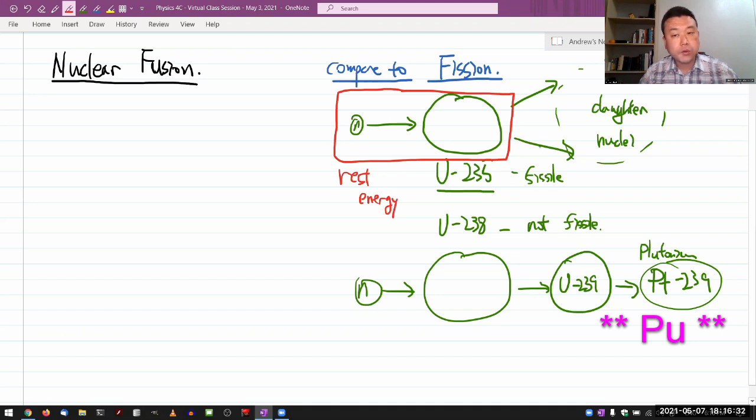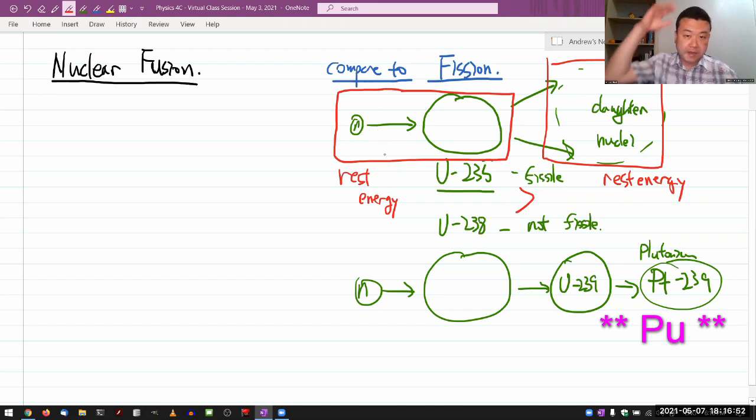Then you look at the potential decay products, the daughter nuclei, and you will see that the final rest energy is less than the rest energy you started out with. So from that rough, high-level 30,000-foot view, when you have a neutron plus this heavy atomic nucleus, it is more energetically favorable for it to split into smaller, lighter nuclei.